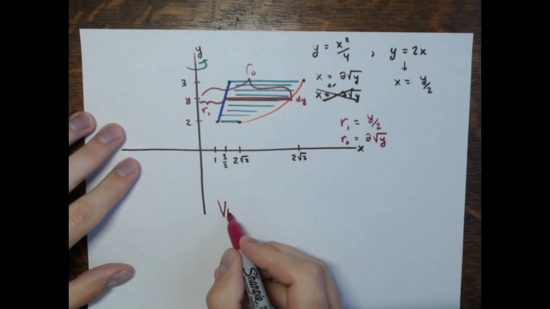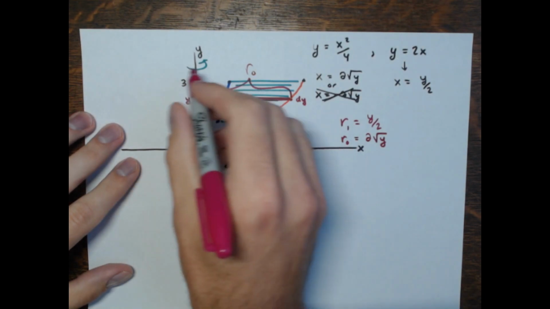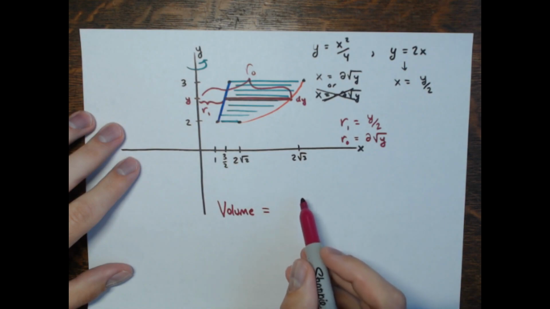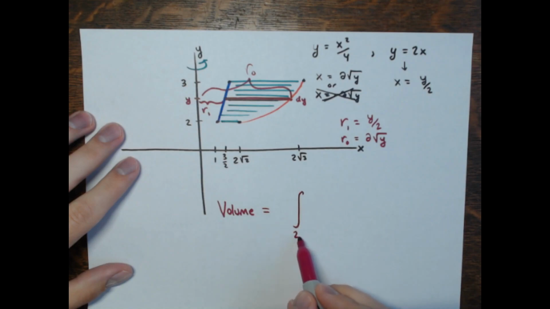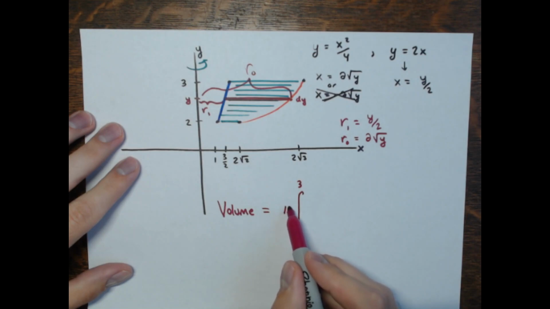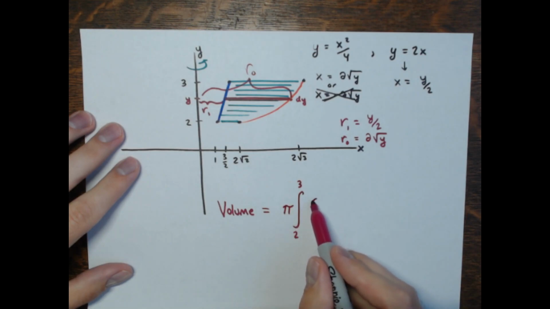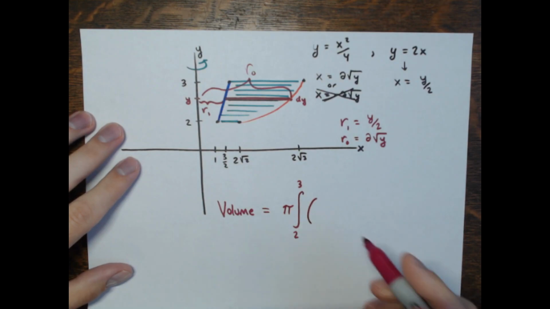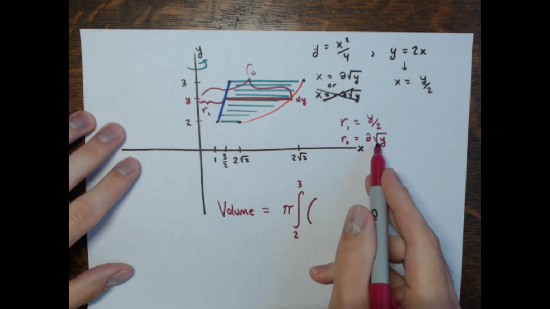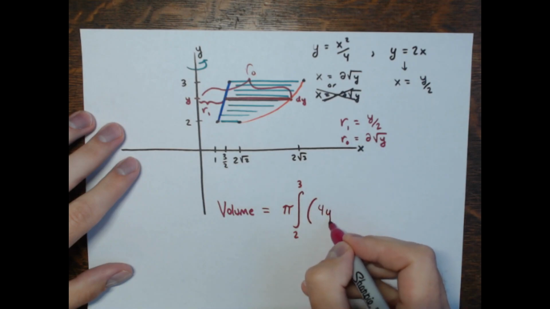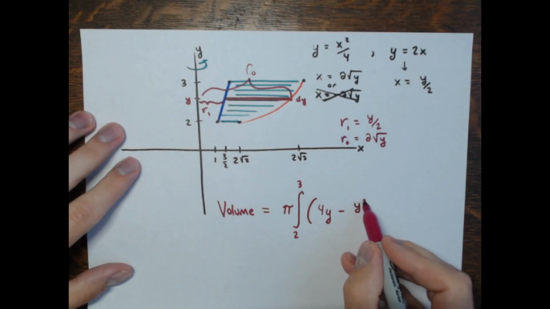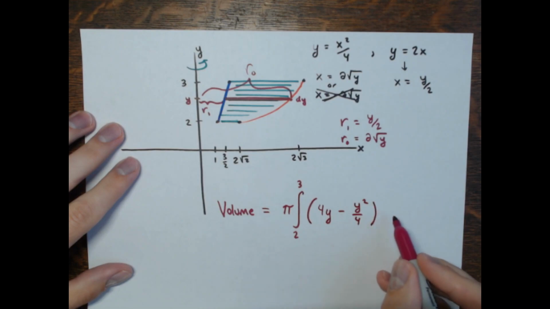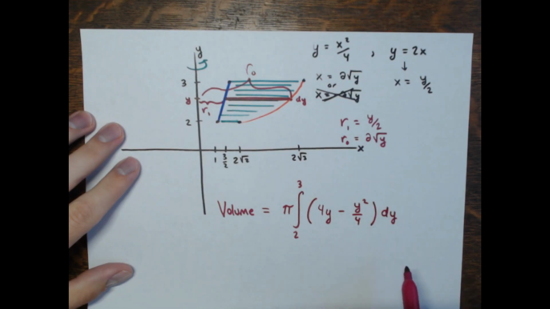So the total volume of the entire shape created by rotating this region around the y-axis comes from doing this for every y value from 2 to 3. So I have the integral from 2 to 3 of pi times the quantity outer radius squared, which is 4y, minus the inner radius squared, which is y squared over 4, or a quarter y squared, times the thickness dy.